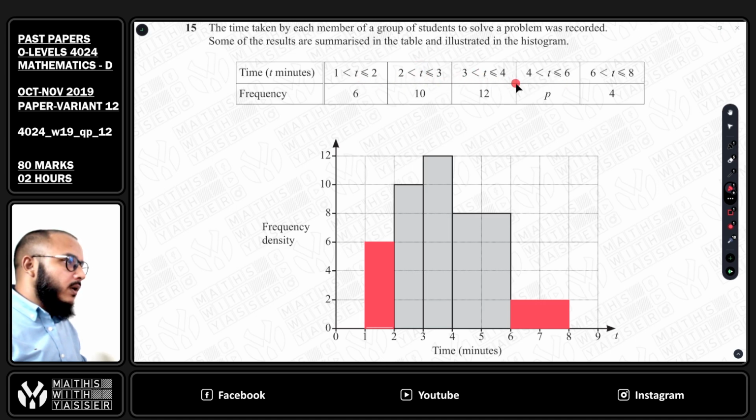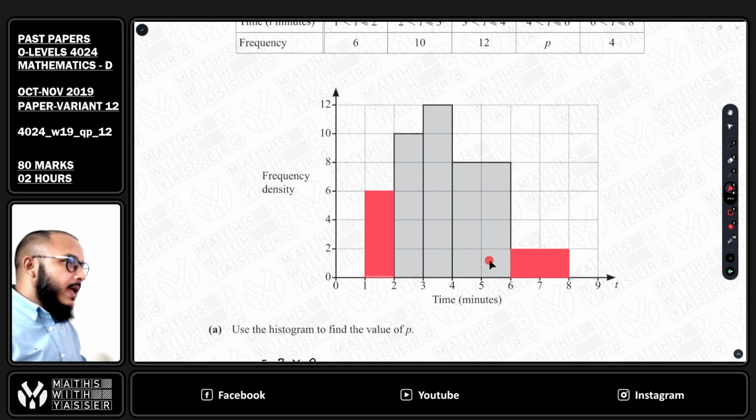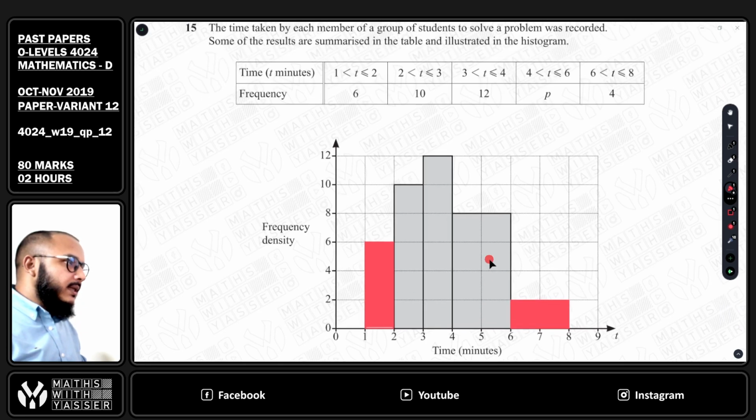We have an unequal class width in the table values. So in order to find P, it will be the frequency for the class width between 4 to 6. So this is the class width 4 to 6. And you must know that frequency is the area of the bar when you have a frequency density histogram.